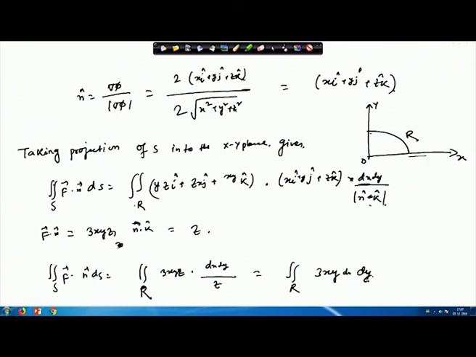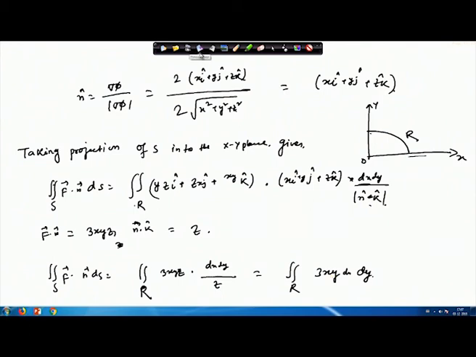And now, since we are in 2 dimensional geometry, and this is an integral over the circle, we substitute x equals r cos theta and y equals r sin theta.